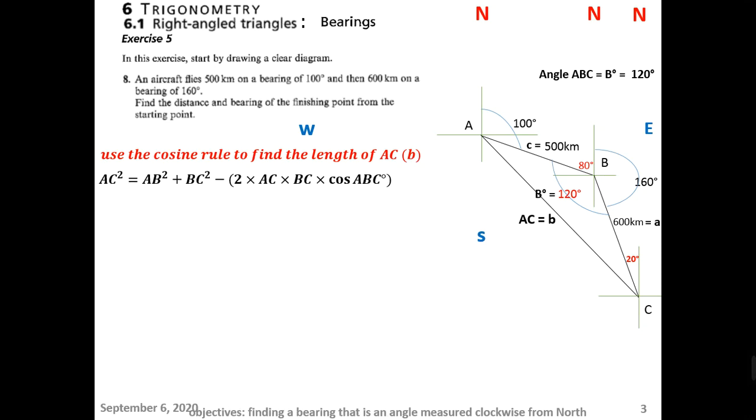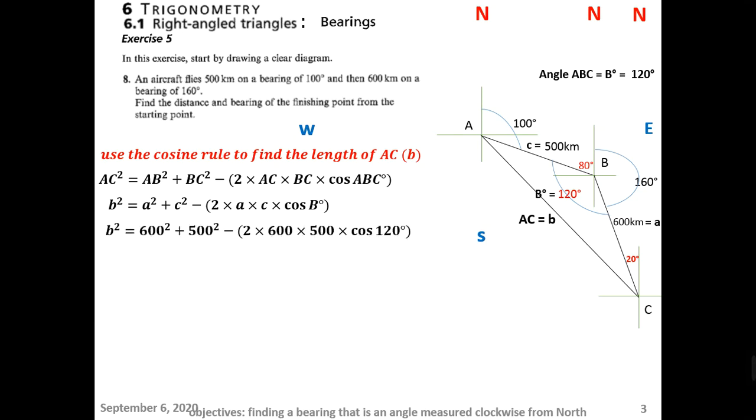To make it easier, AC actually represents small b. So b squared is equal to AB, which is small c, squared, and BC, which is small a, squared, minus 2 times a times c times cosine B.